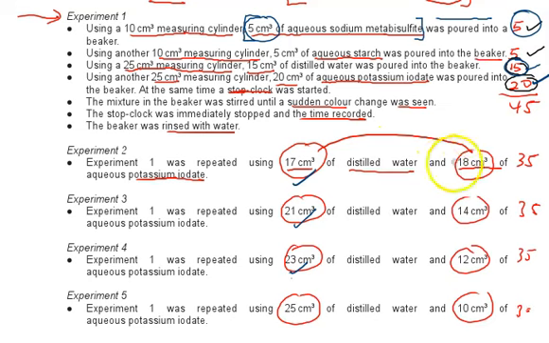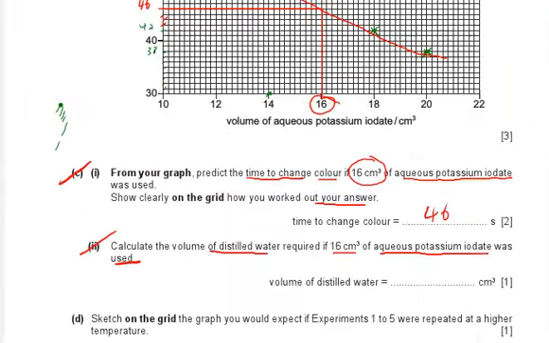If they are using 16 here, this should be 19. 16 and 19, that's how we can get 35. So here will be 19 centimeter cube.